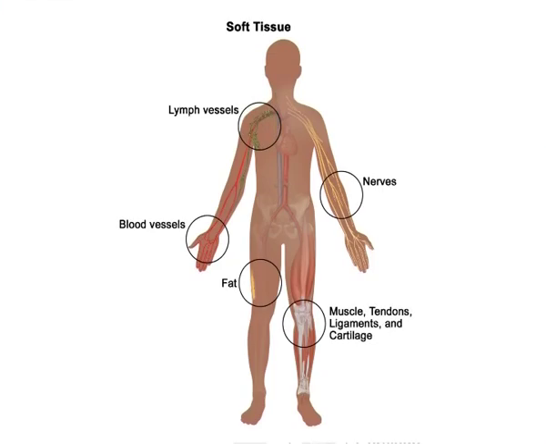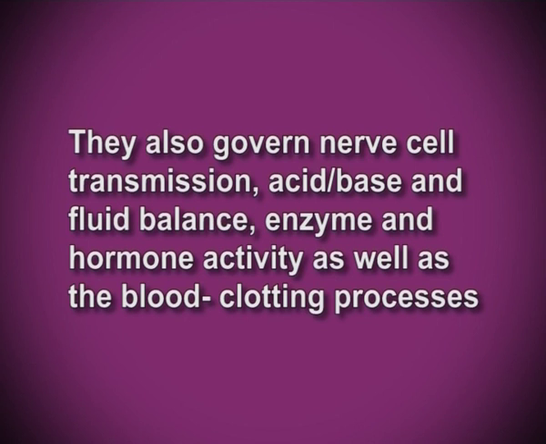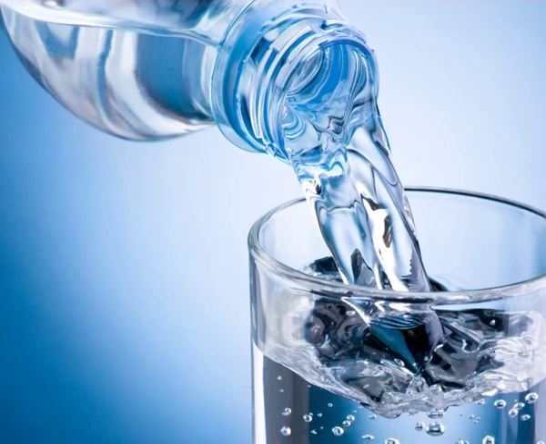Minerals are required for maintenance and integrity of skin, hair, nails, blood and soft tissues. They also govern nerve cell transmission, acid base and fluid balance, enzyme and hormone activity as well as the blood clotting processes.